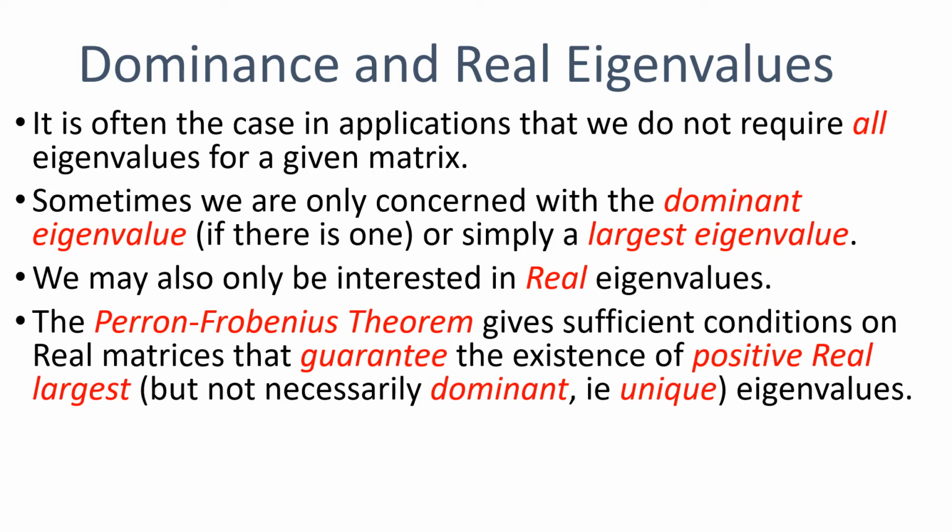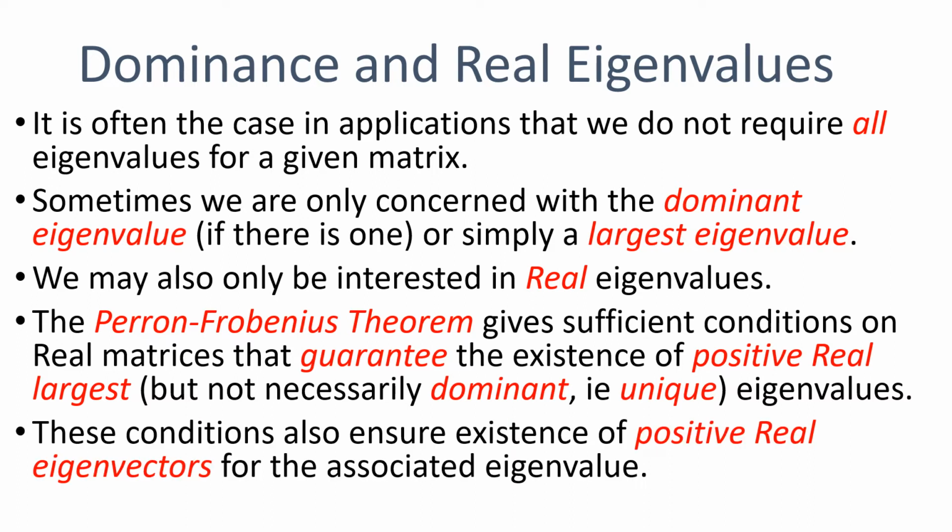So I mentioned this famous result called the Perron-Frobenius theorem. And one of its major contributions is this gives sufficient conditions on a real matrix that guarantee that that matrix has a positive real largest eigenvalue. This isn't necessarily a dominant, a unique largest value, however.